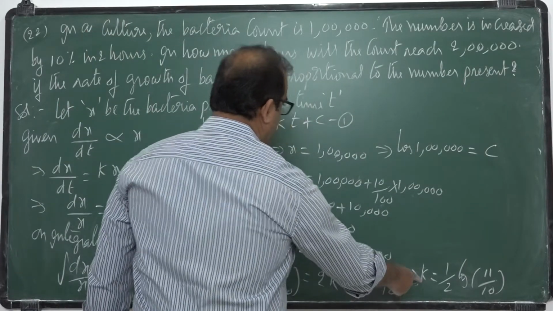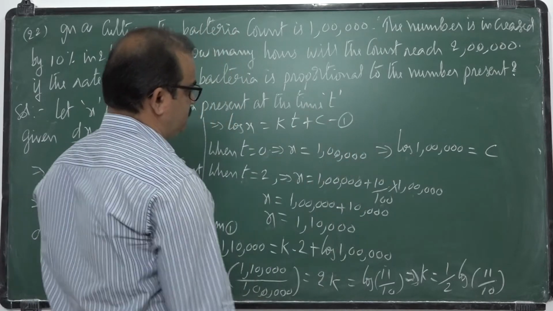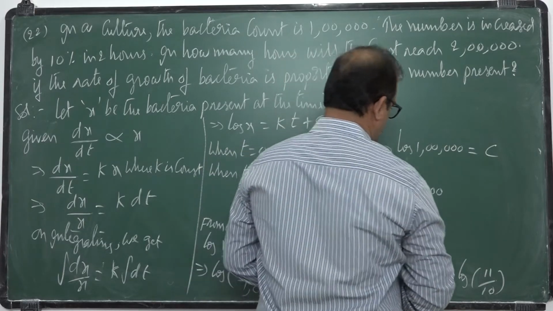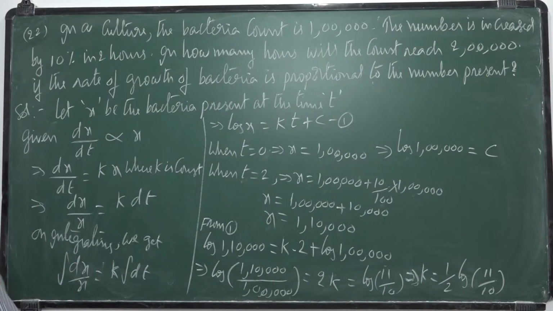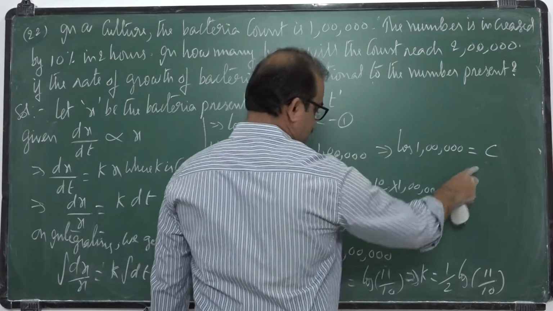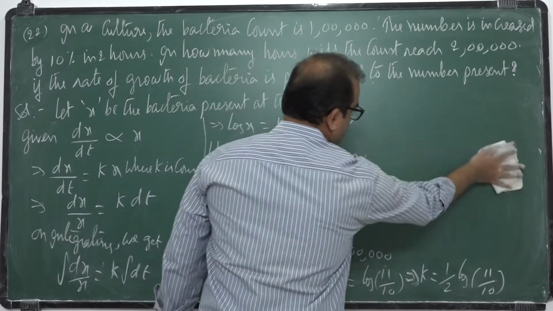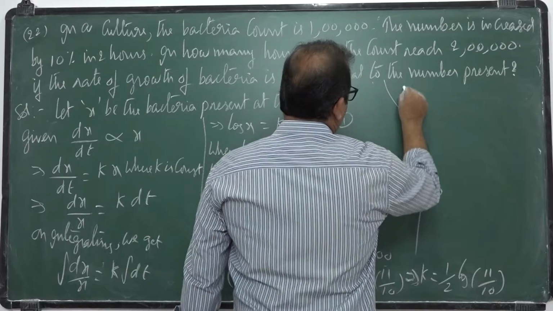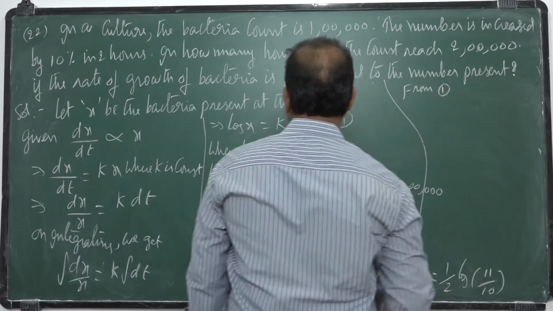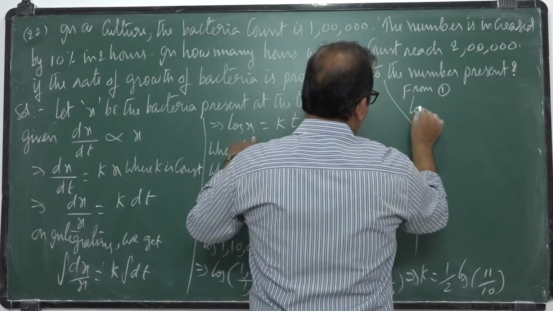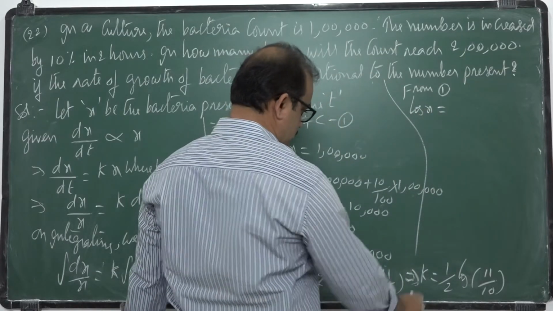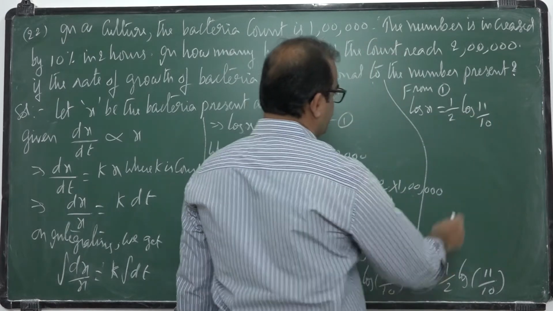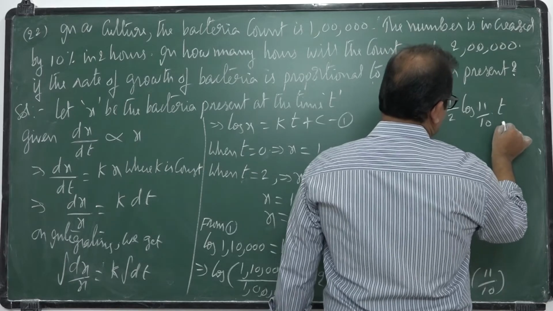Now substitute k value and c value in equation 1. From equation 1, log x is equal to, what is k value? 1 by 2 into log of 11 by 10 into t plus c value.